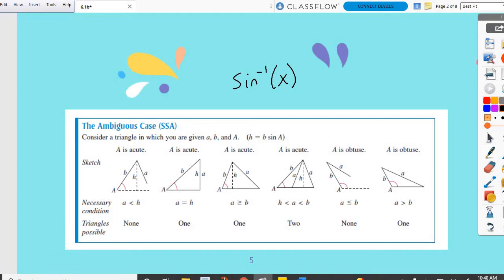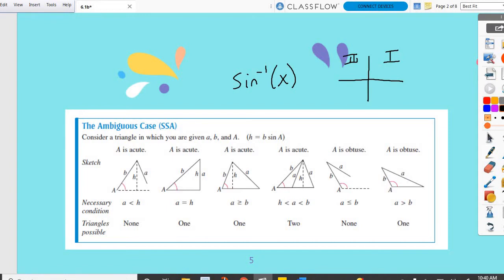Where could it be located? If it's positive, it's a positive angle. Where is sine positive? The first and the second quadrant. So basically, we could either get an acute or an obtuse angle.